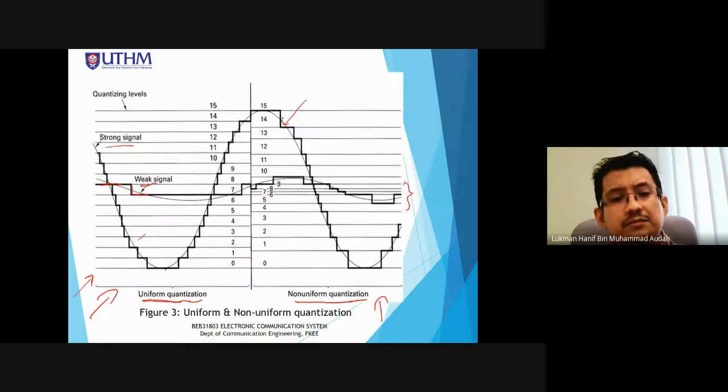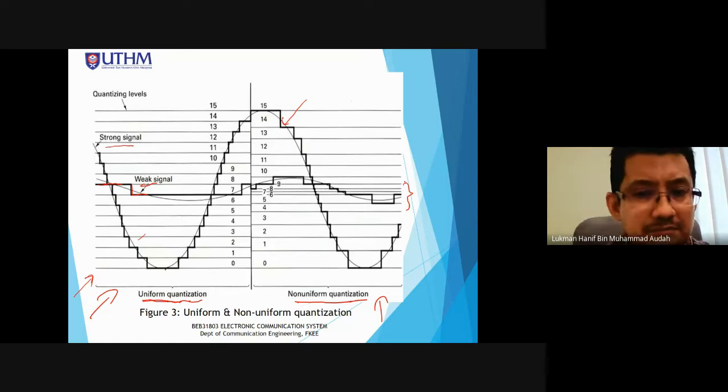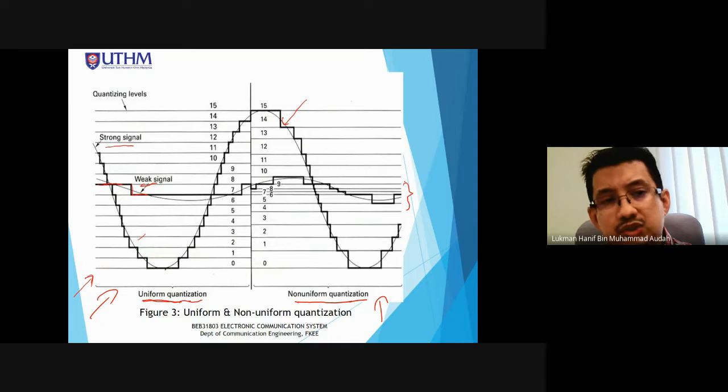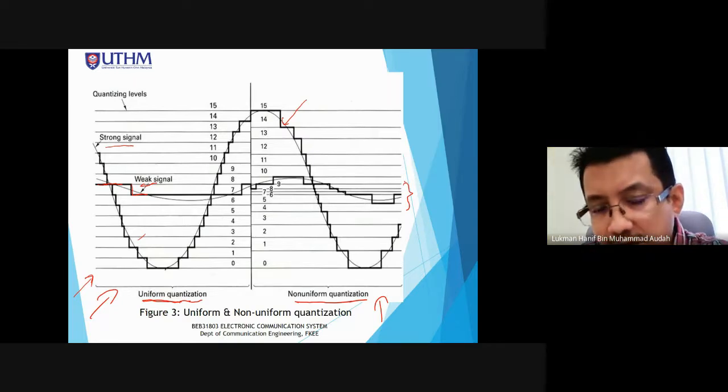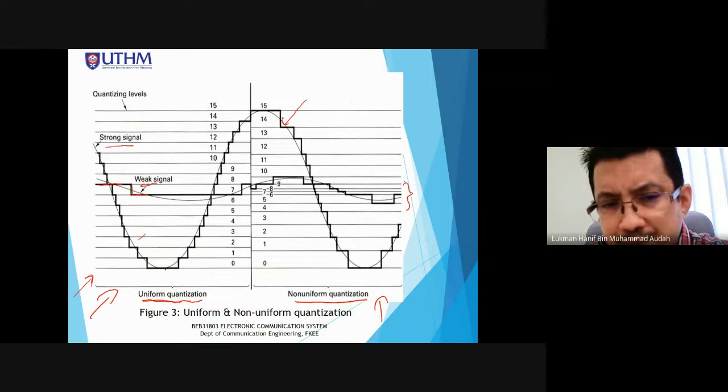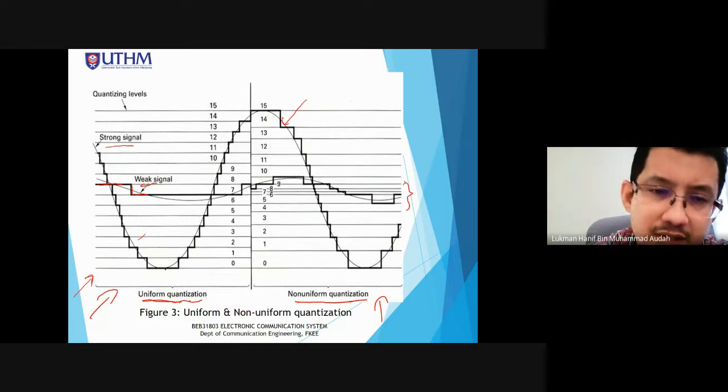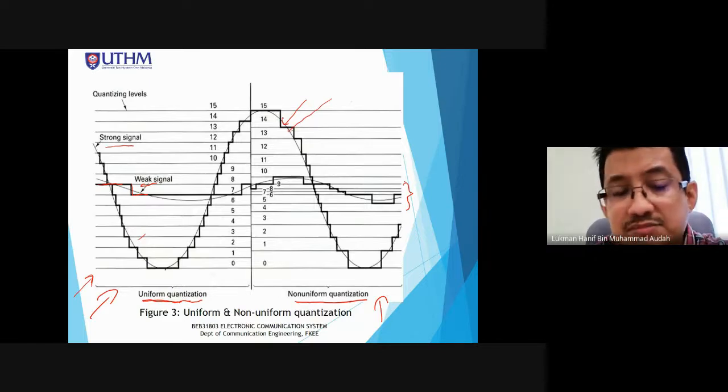Okay, so kalau you lihat okay, ni kita dah nampak lah sebenarnya kalau untuk strong signal, dia akan mengalami quantization level yang lebih besar berbanding dengan weak signal. Okay, yang mana weak signal akan ada banyak quantization levels. Dan kalau kita lihat strong signal juga ada mengalami perubahan dari segi step size.